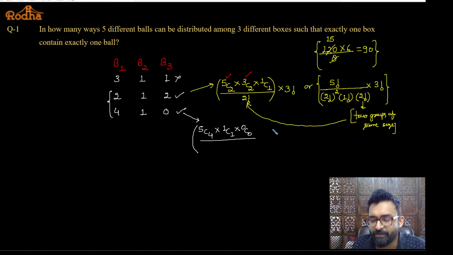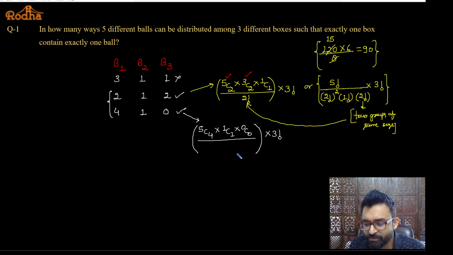I divide by the factorial of the number of groups having the same size. So if 3 groups have the same size, we divide by 3 factorial. If there are 3 groups like this and 2 groups like that, we divide by 3 factorial and 2 factorial. The number of groups having the same size should be divided by that factorial, because the order of making groups is not important. So I do not divide by anything, and this is multiplied by 3 factorial.